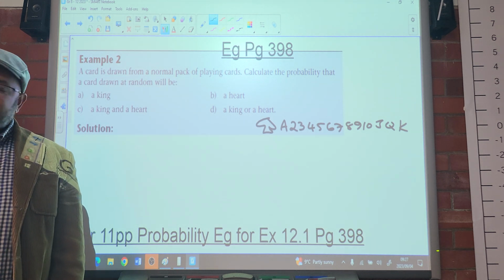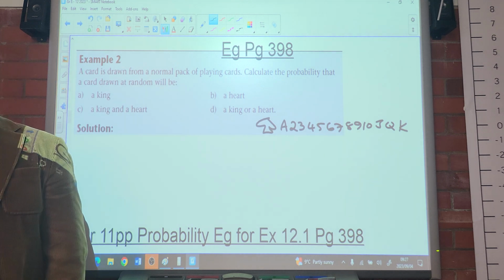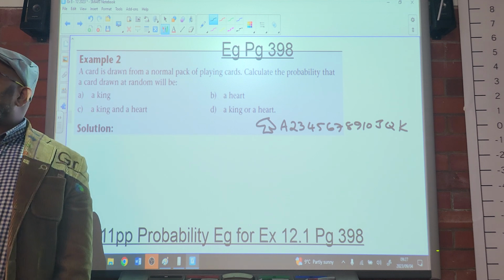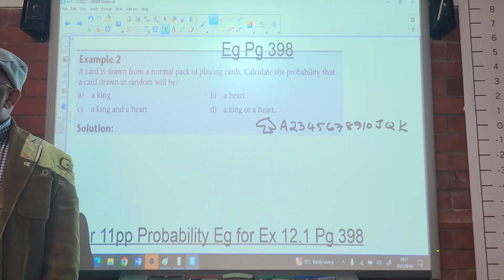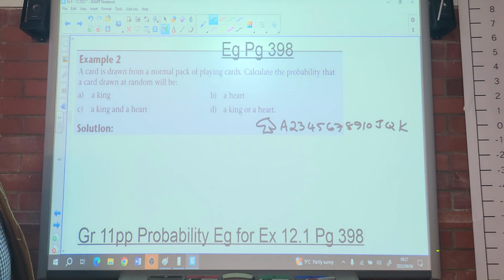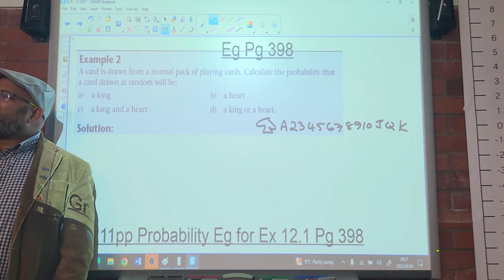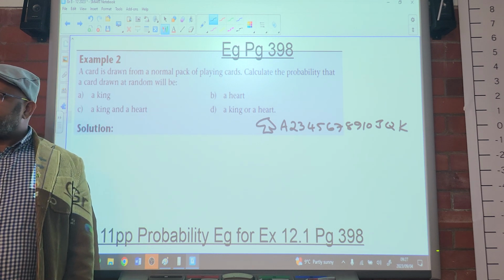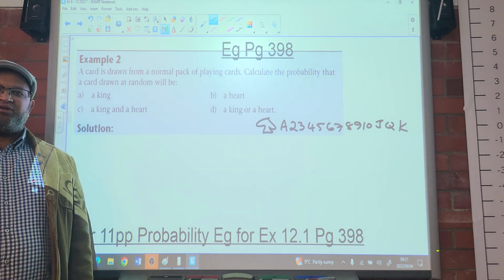Don't call me and ask this and that. You treat it any way, and when we mark, we have to give you the mark, because there was a fault from our side. We didn't specify. But the majority of the time, even to fix the outcome or the calculation, we tell you where the ace belongs, if the ace is part of the picture cards or not, or whatever.